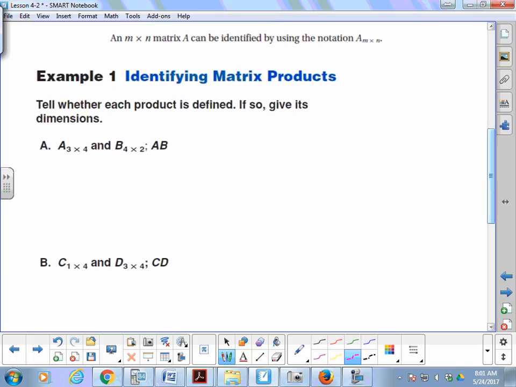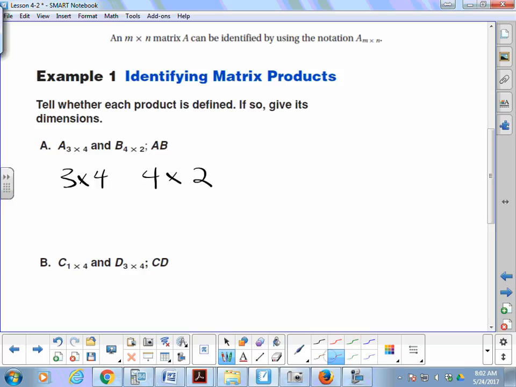So example 1, they just want us to tell whether these can be multiplied or not, and if so, what are the dimensions of the new one. So we have a 3 by 4 and a 4 by 2. I'm looking for the middle two numbers to see if they're the same.